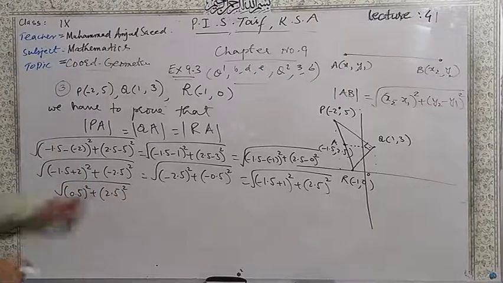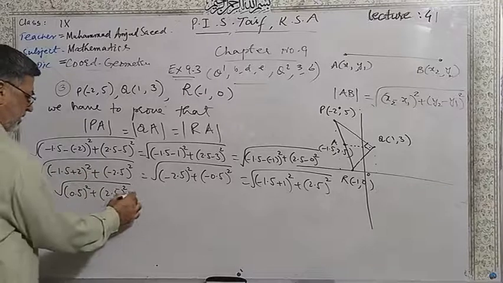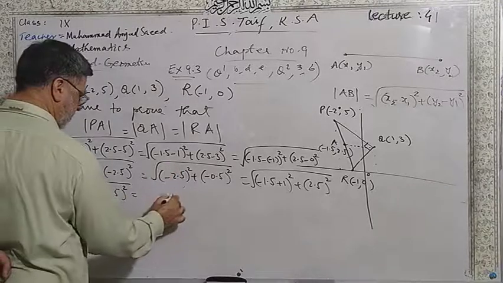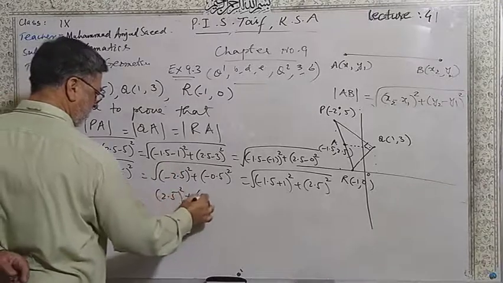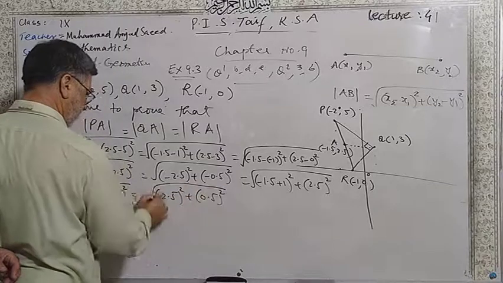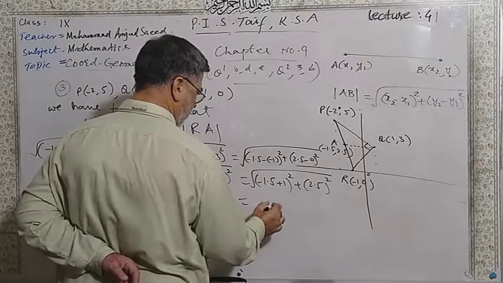Remember that the square makes it positive. 0.5 squared is 0.25, and 2.5 squared is 6.25.